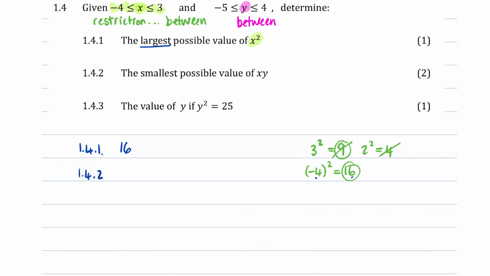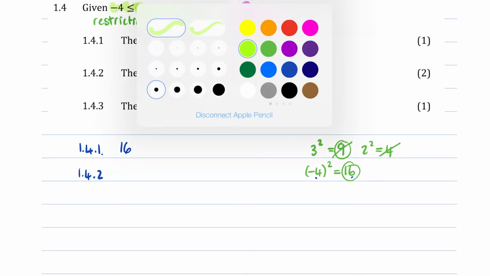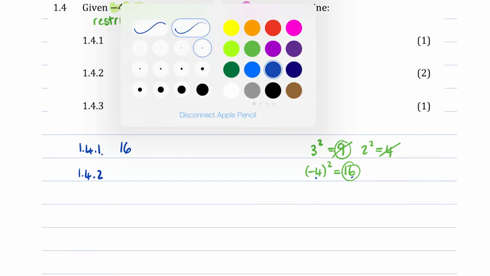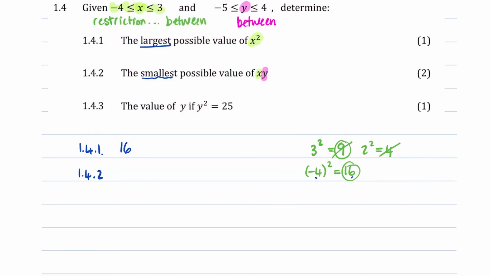All right, question 1.4.2. What's the smallest possible value? Now we're looking at the smallest possible value of x times y. So we need to take an x value and multiply it by a y value. You need to take a number from the set of x and a number from the set of y, and we want to get the smallest possible value. Is the smallest possible value equal to 0?